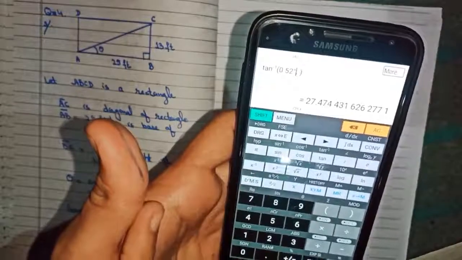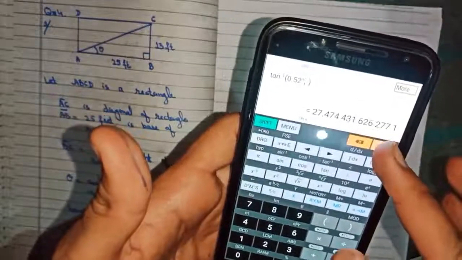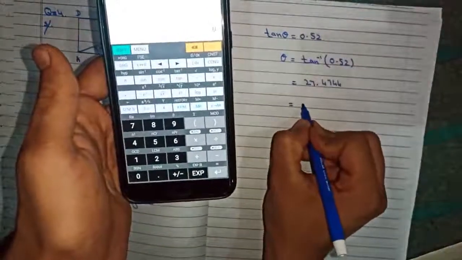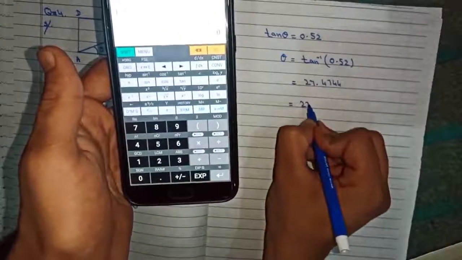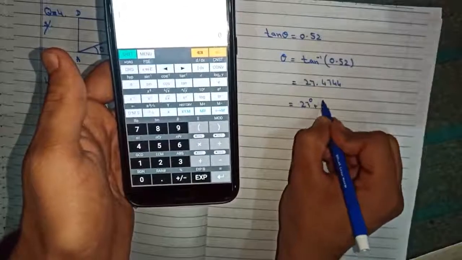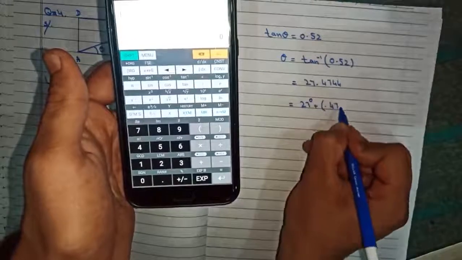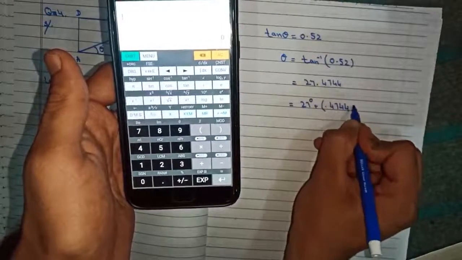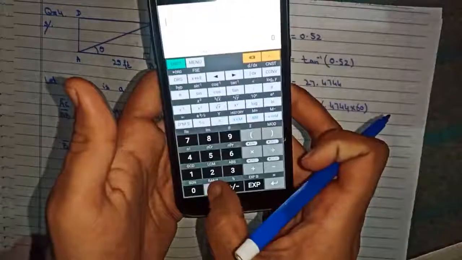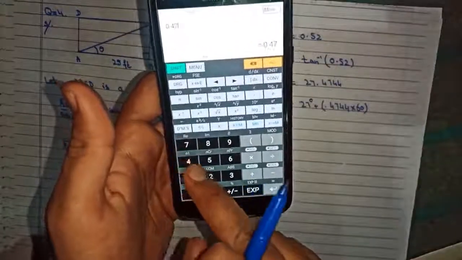Press it. It means 27.47. The 27 is the whole term, it is degree, plus 0.4744, multiply it with 60 to get minutes.